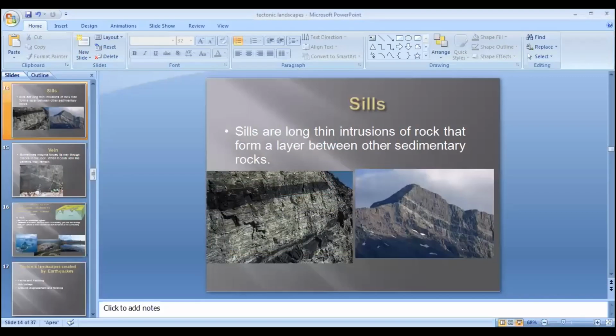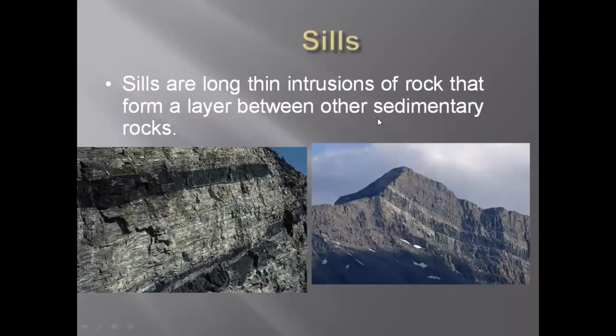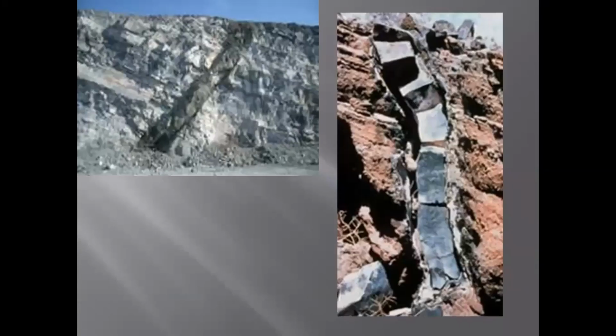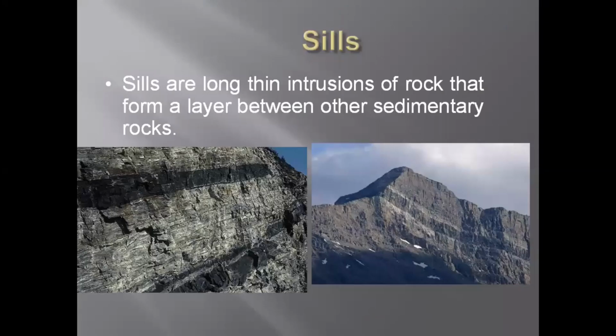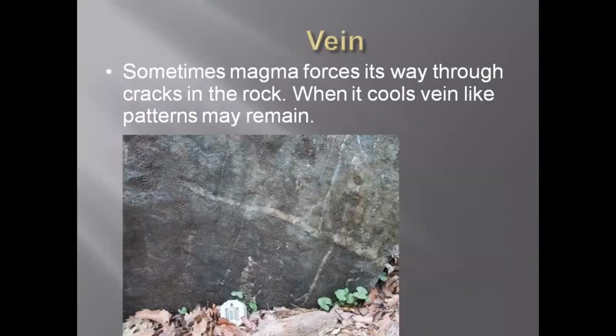So we will continue our discussion. We discussed the dikes and sills yesterday, and we said that they are intrusions. However, they are thin intrusions in the rocks, and as a result, they sometimes have some effect on the tectonic landscape.